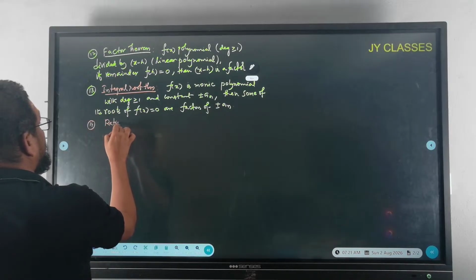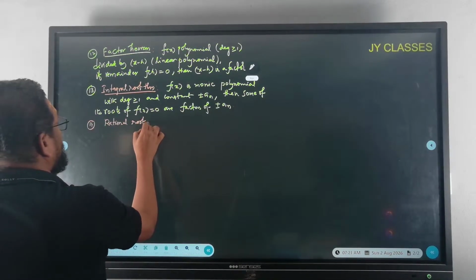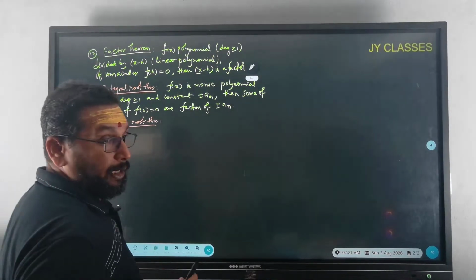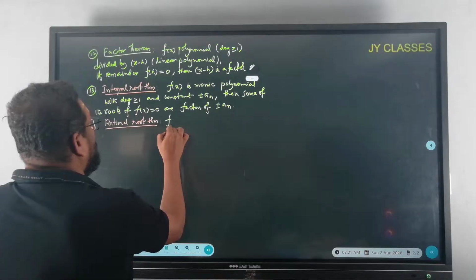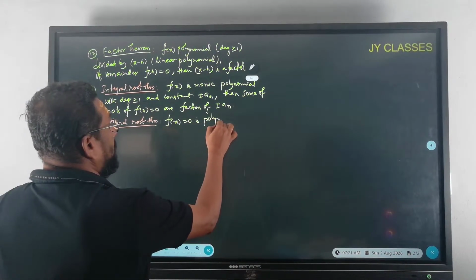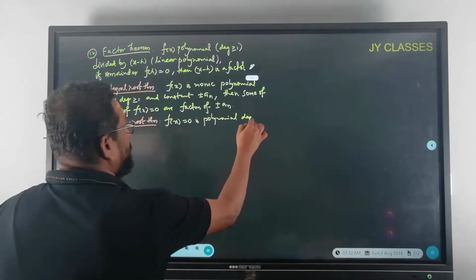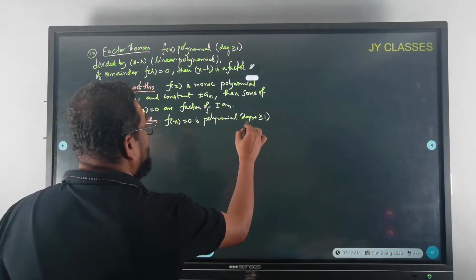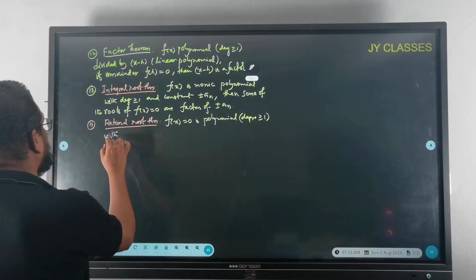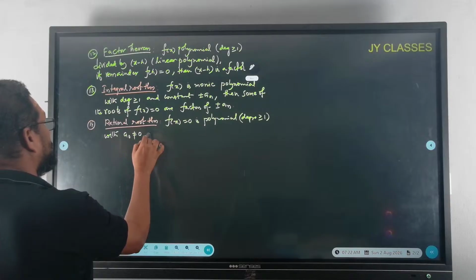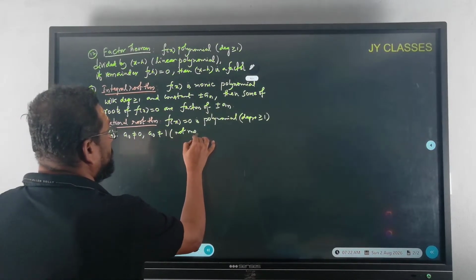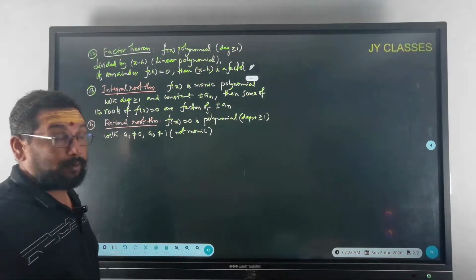Rational root theorem. So here f of x equal to 0 is a polynomial of degree greater than or equal to 1 with a naught not equal to 0, a naught not equal to 1. This is not a monic polynomial.